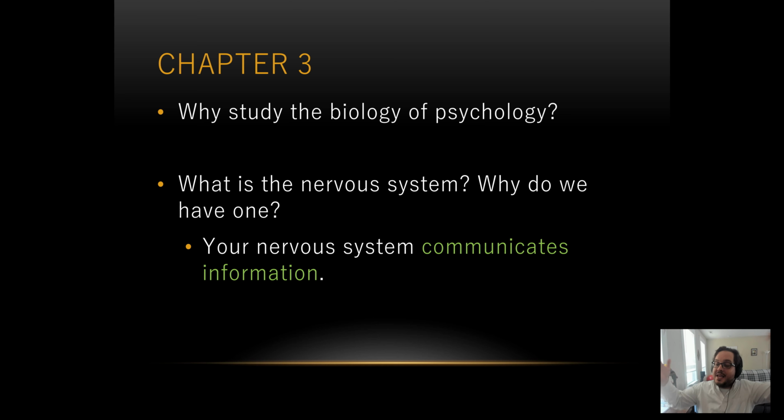So that is, if there's light all around you, if there's sound out in the world, if there are things that you can taste or smells that you can detect, your nervous system is going to be responsible for taking that information, that light information, sound information, and transmitting it from wherever it's going in, whether it's through the fingertips for touch, or your ears for sound, or eyes for light, transmit that information to your brain in such a way that your brain can interpret it and then produce some kind of output, produce some kind of response based on that information.